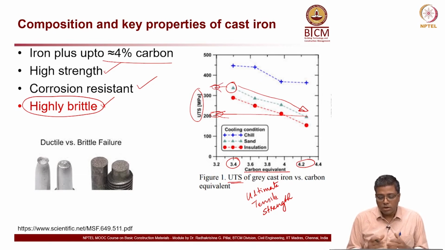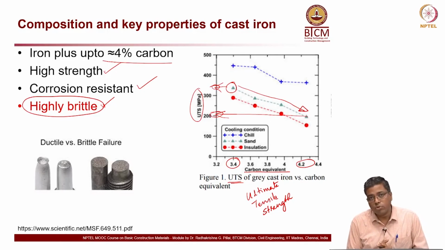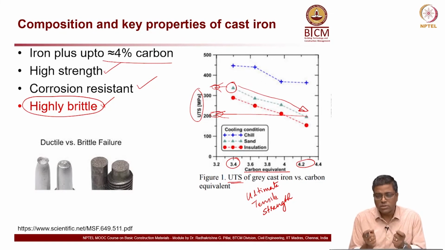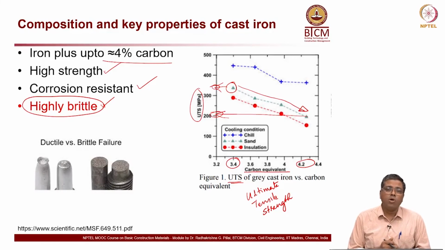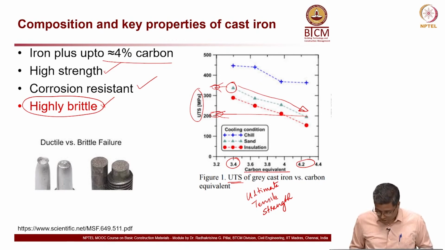So, about 150 megapascal reduction in strength when you increase the carbon content from 3.4 to 4.2, a very small difference of 0.8%, right? It is a very small variation, but it has a huge impact on the strength properties. So, that is where metallurgists have to be very careful in controlling the composition.